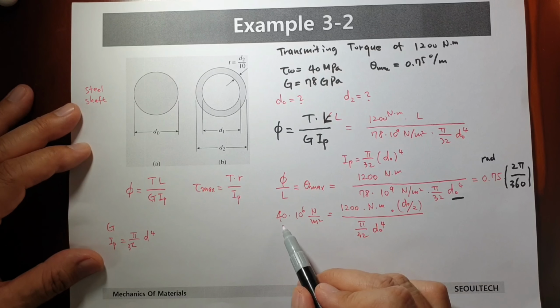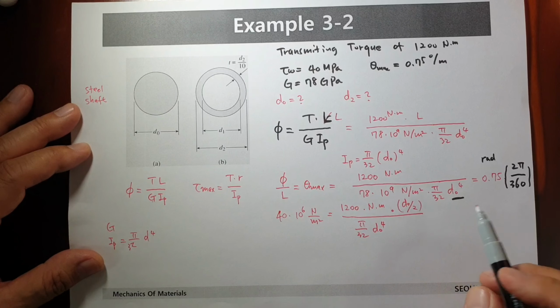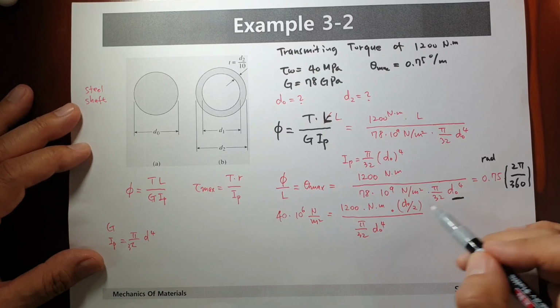Then on the left side we know that, on the right side we can cancel something, and finally you can find D0 as well.